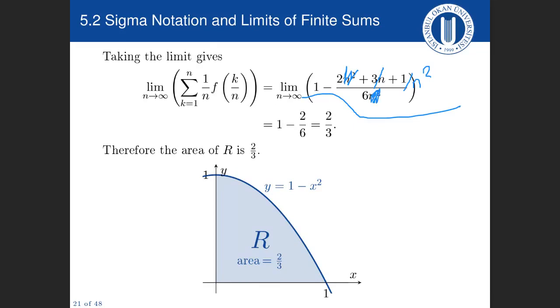Take the limit, we get 1 minus 2 over 6, or 2/3. This tells us that the area of the region R is 2/3. And that's what we were guessing when we were doing the lower sum, midpoint sum, upper sum for many, many rectangles. When we looked at the table which had 1,000 rectangles, we saw that we were getting close to 2/3.